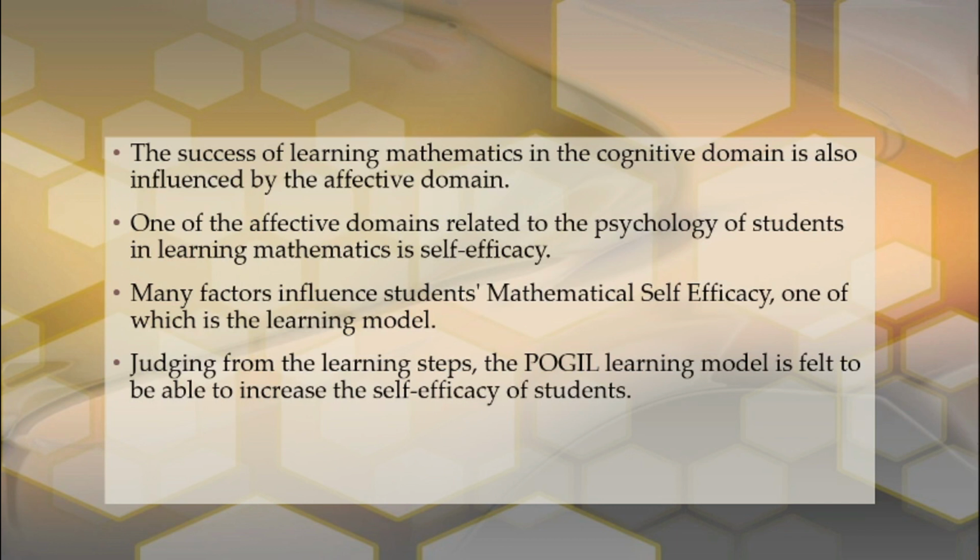Many factors influence students' mathematical self-efficacy, one of which is the learning model. Taking from the learning steps, the POGIL learning model is felt to be able to increase the self-efficacy of students.